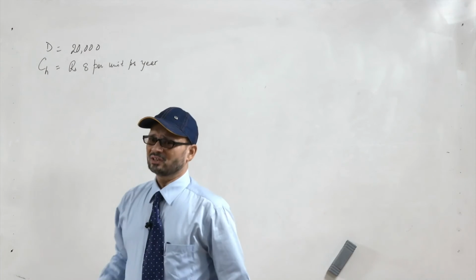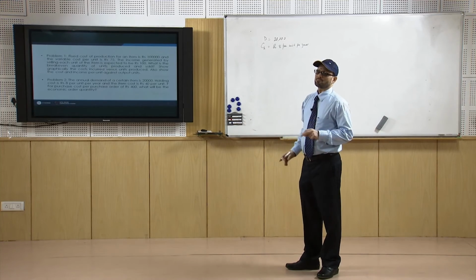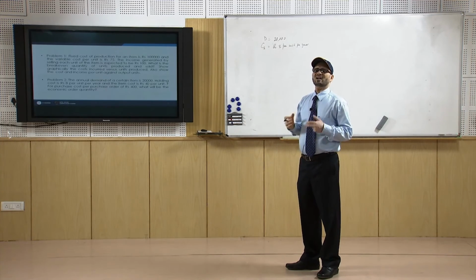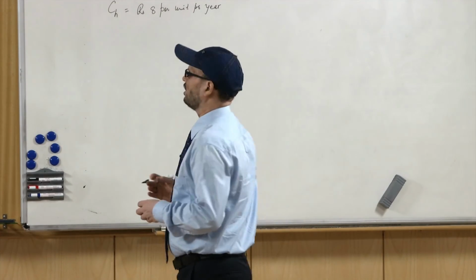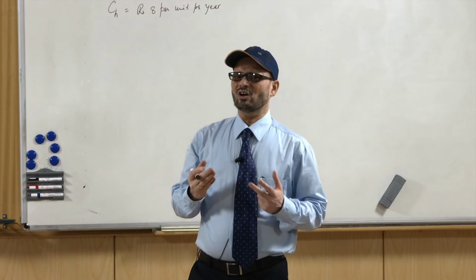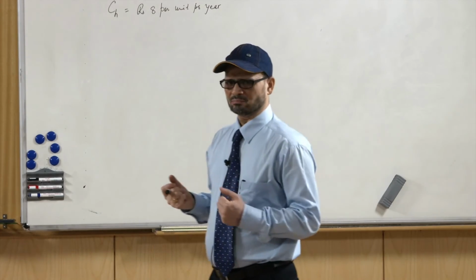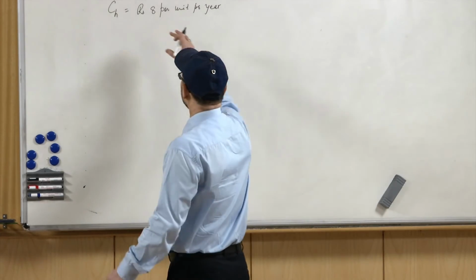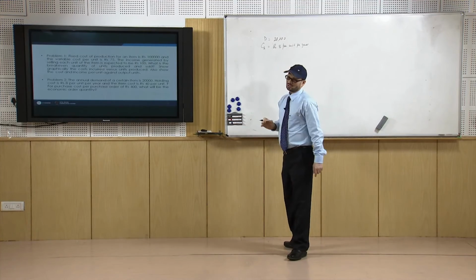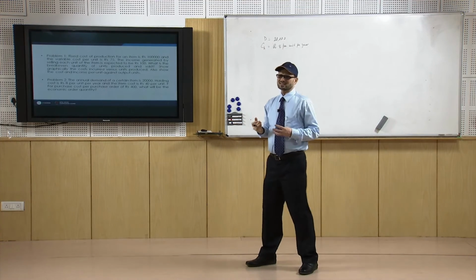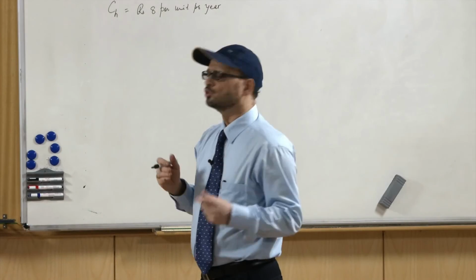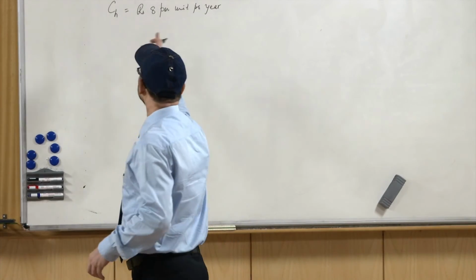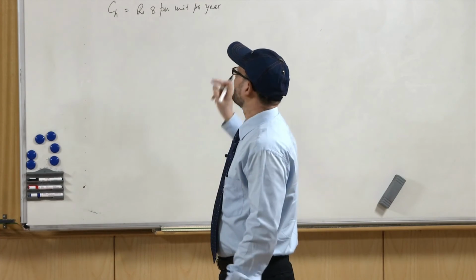Many a times this holding cost may be given in terms of a percentage of the average inventory cost, or sometimes a percentage of the unit cost of the item. So, you may not have the direct values, but you may have to calculate them once they are expressed as a percentage of certain values. Here it is given directly as rupees 8 per unit per year.